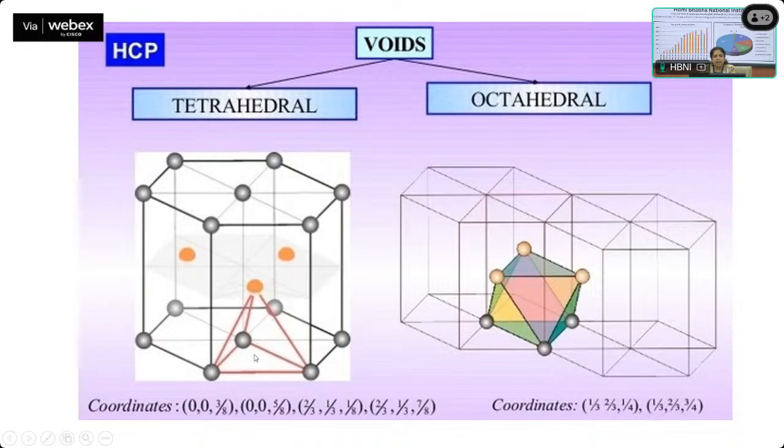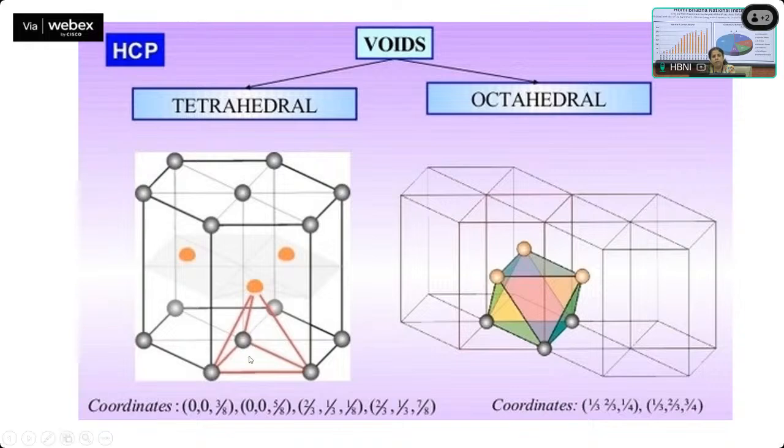So the x and y coordinates are 2/3, 1/3, and the z coordinate would be on this line, which divides into four parts, and the void would be at 1/4 of this dimension. So it will be 1/4 of half, which is 1/8.